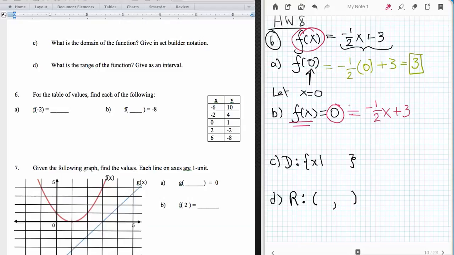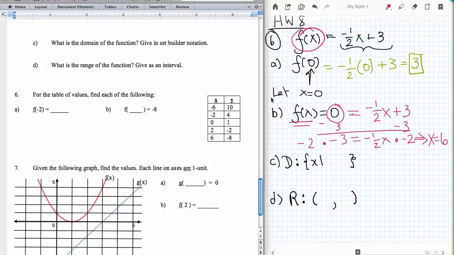So when we look at it that way, we're solving this for x. I'm going to add negative 3 to both sides, and this gives me negative 3 is equal to negative 1/2 x. Then I have to get rid of this, so I'm going to multiply by its reciprocal, a negative 2, on both sides, and this is going to give me that x is equal to positive 6.